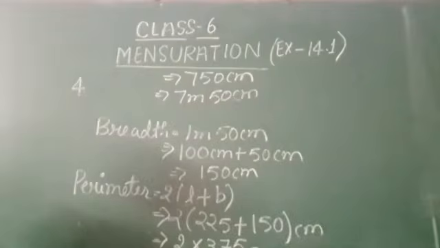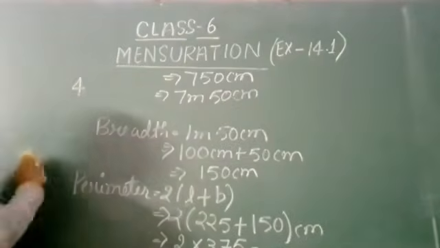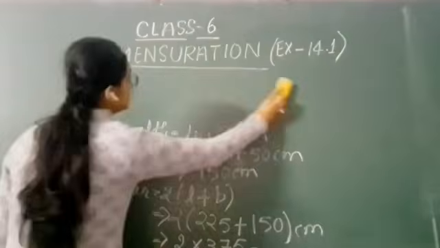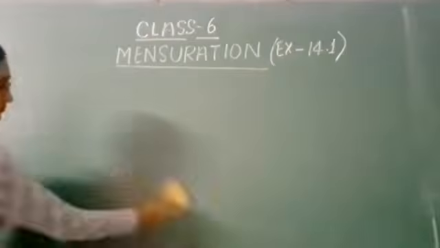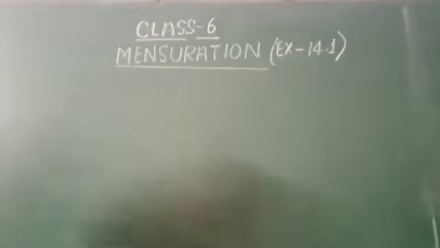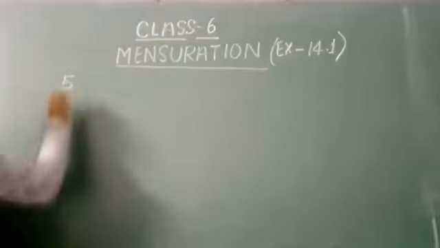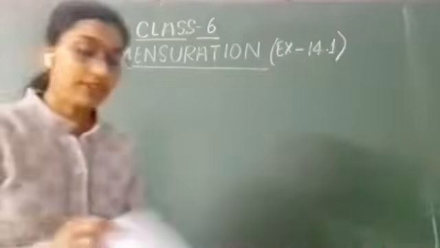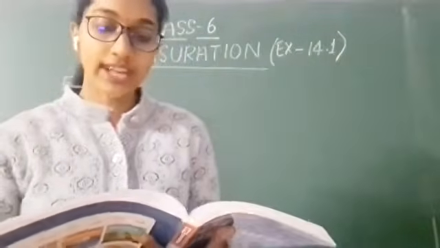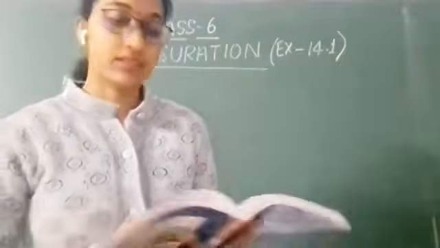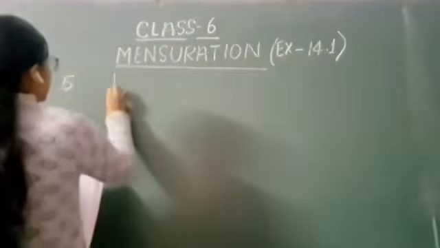After this, moving to question number 5. In question number 5 it is given the perimeter of a rectangle is 58 meter.